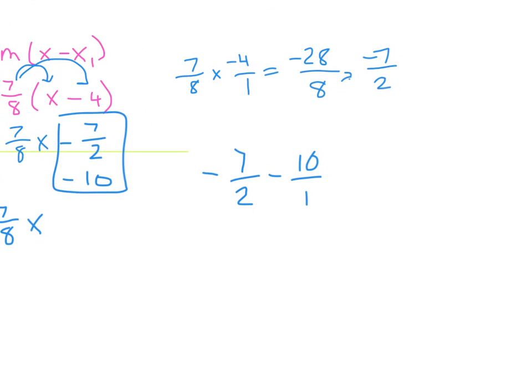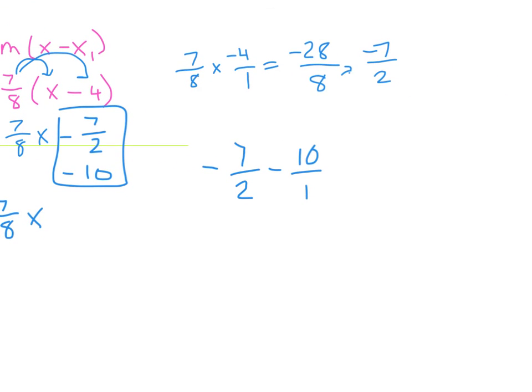How do we subtract fractions? What do we need? The denominator needs to be the same. So what do we have to do to our fraction to get our denominator to be the same? Multiply the top and the bottom by 2. So this is negative 7 over 2 minus 20 over 2.